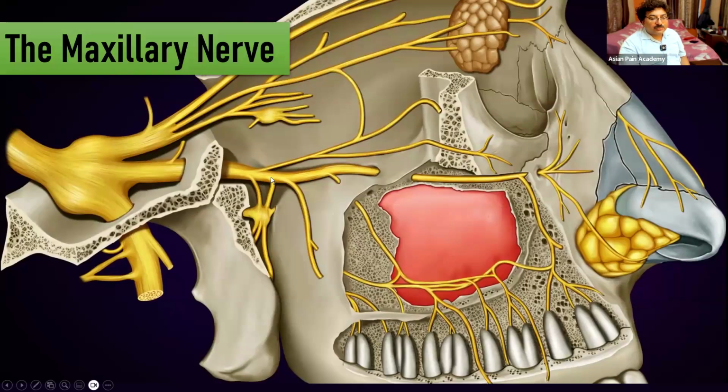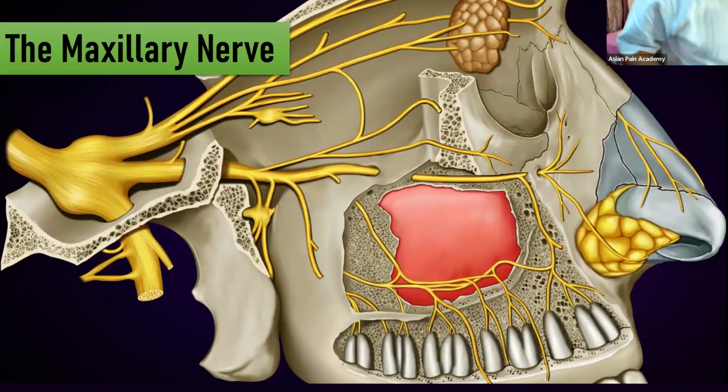So either we can block the maxillary division at this point, or we can go for the sphenopalatine ganglion block at the same point, but with a slight difference. One is slightly anterior, one is slightly posterior. That is how they are situated.